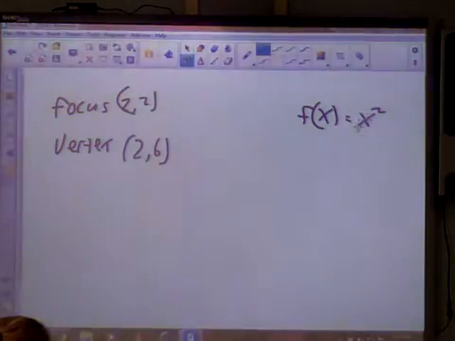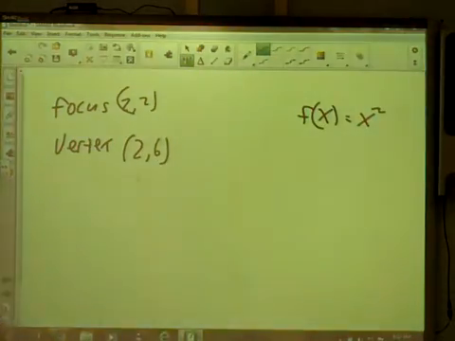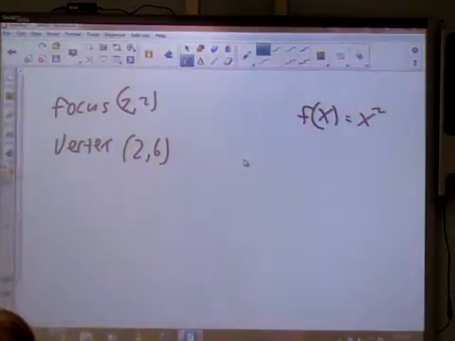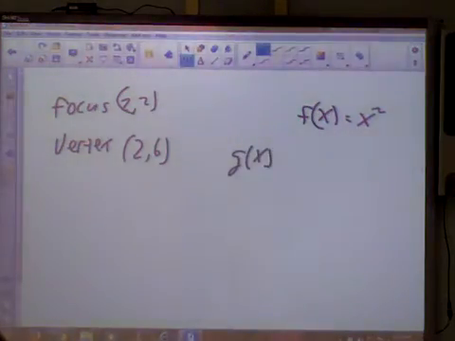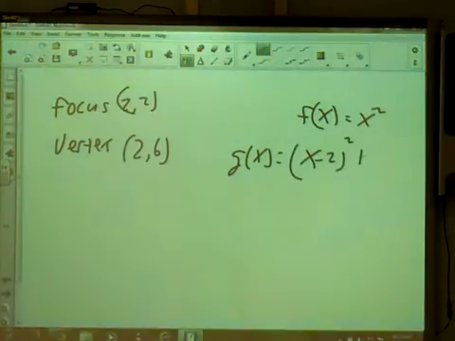This x squared would have a vertex at 0, 0. We're not starting with the vertex at 0, 0. So we're starting at g of x equals, my vertex is at positive 2. Wouldn't that be how that one would start?